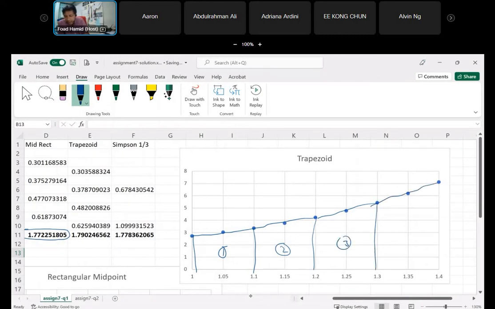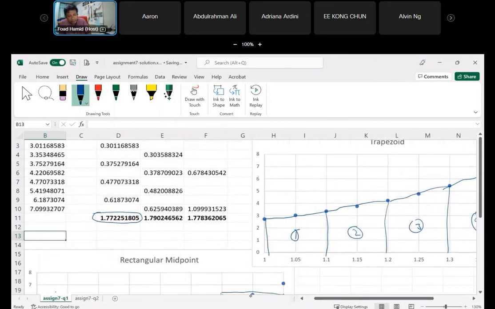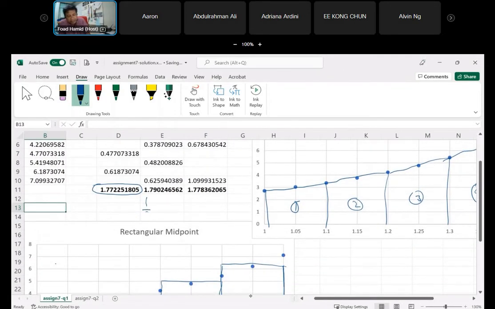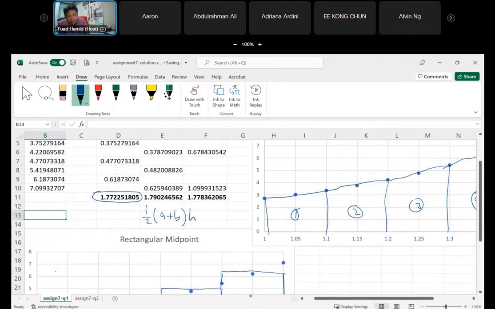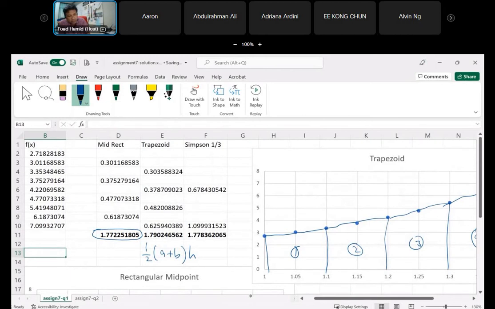This point and this point, the fourth interval. The formula for the trapezoid is half times (a plus b) times h. So basically, I need to find the average of this and this.